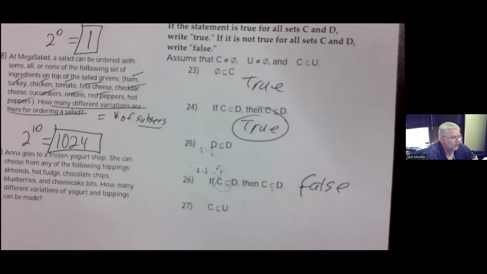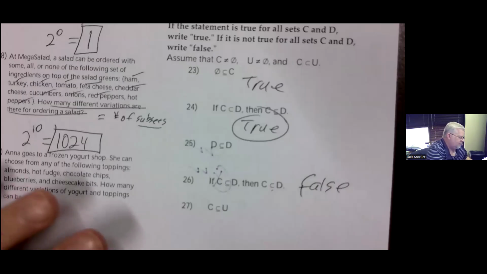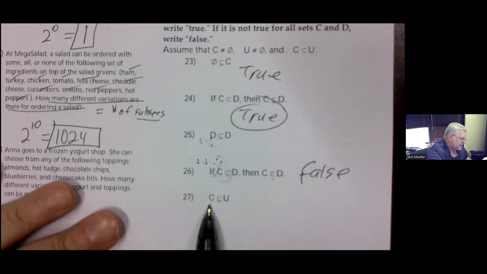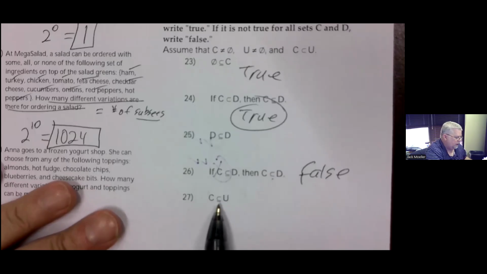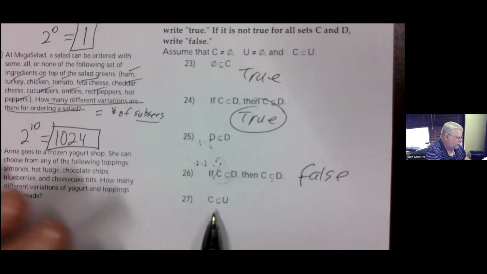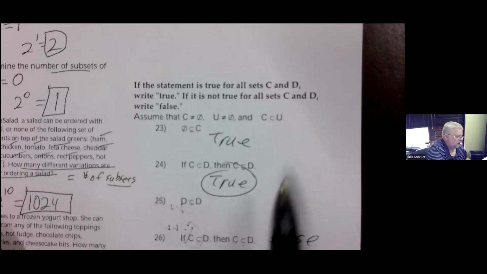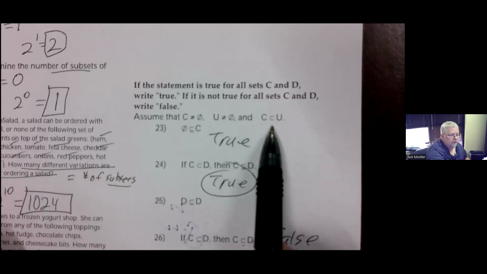All right. And we'll talk more about that when we get to truth tables. And then, yeah, how about 27? C is a regular subset of U. Well, is that true? What do we know about C and U? Okay, we know C is a proper subset of U. To be a proper subset, that means 1 has to be a regular subset, and 2, they can't be equal.